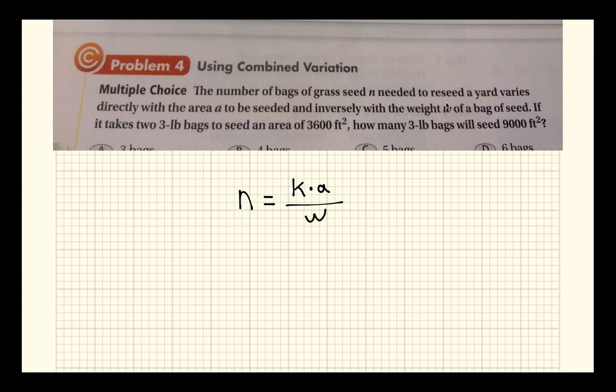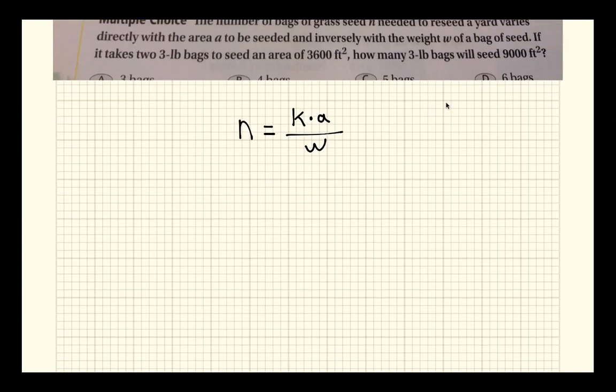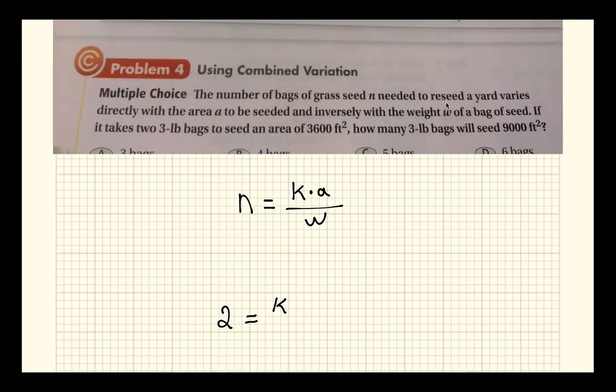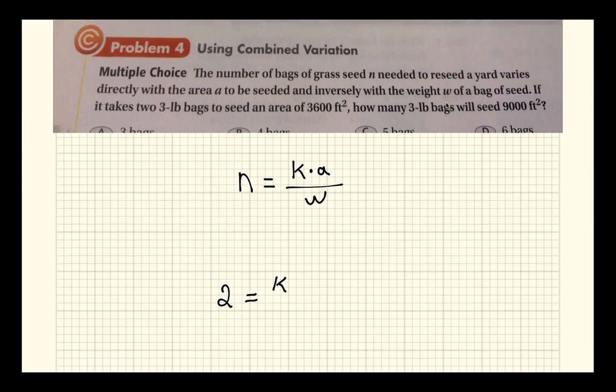So it says if it takes 2 3-pound bags to seed an area of 3,600 feet, so the number of bags is 2. That's represented by N here. We don't know the constant of variation. A represents the area needed to be seeded.